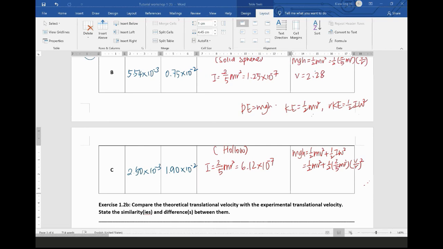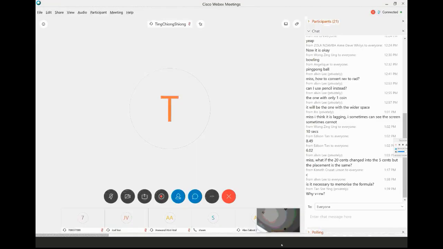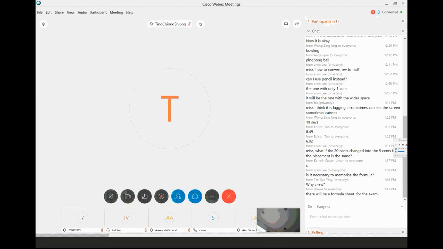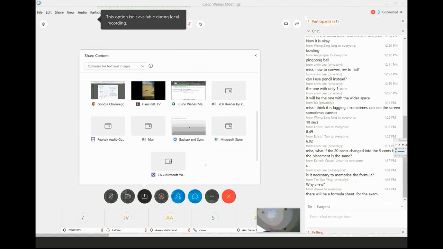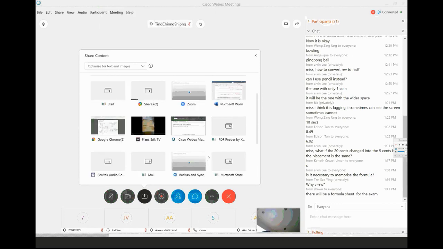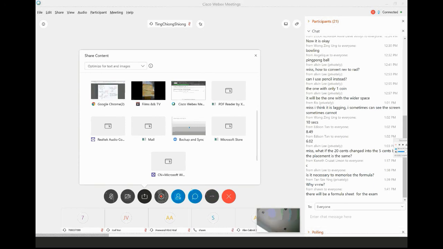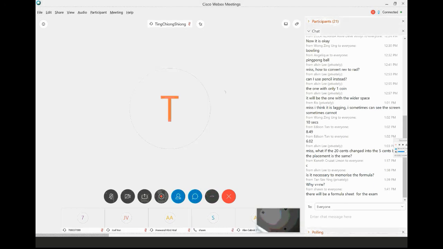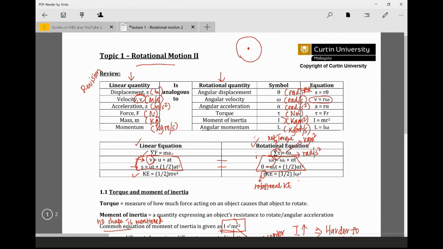The v equals to R omega here, yeah? Just remember, in your semester one, the translation, the relationship between the linear and the rotational quantity.